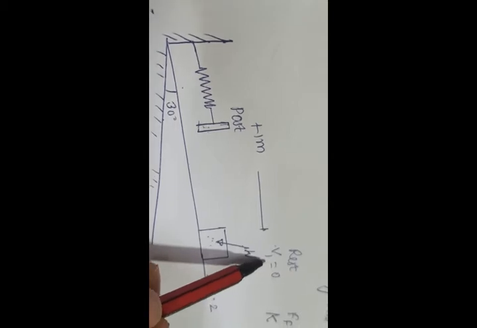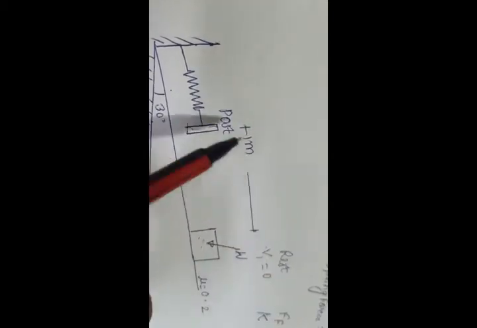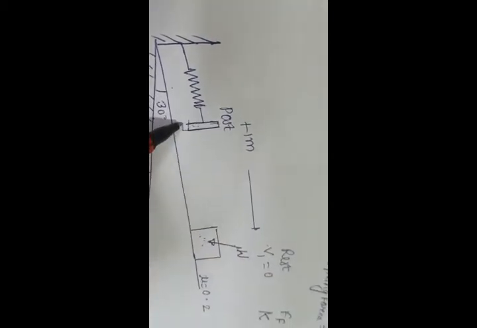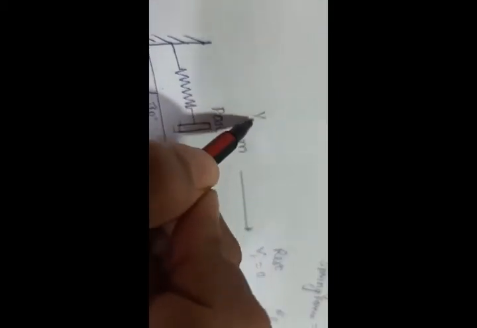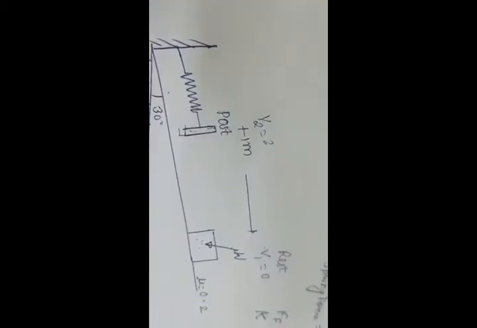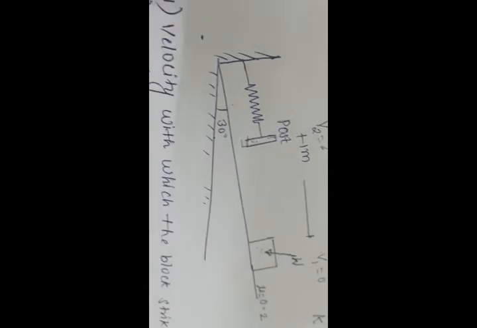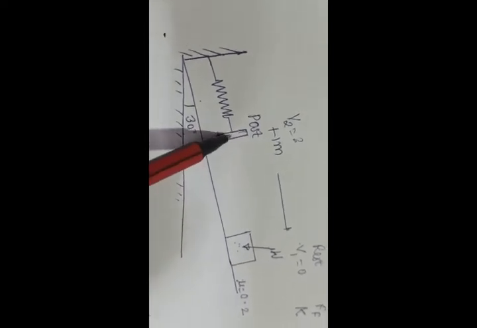So initially the block will move with a velocity v1 which is equal to 0 and is going to strike this stationary post with a certain velocity. So we have to find out this velocity v2. So that is the first part, velocity with which the block strikes the post. This is the first question which can be asked in the problem of work done by spring force.